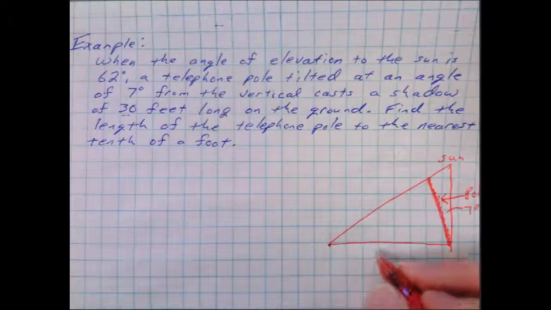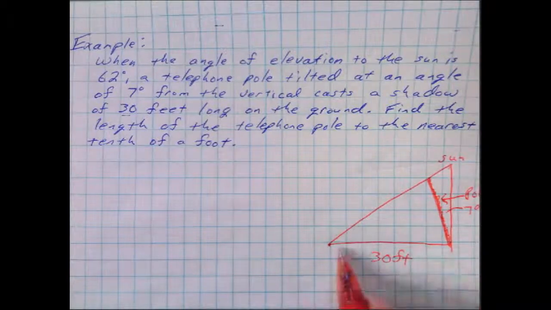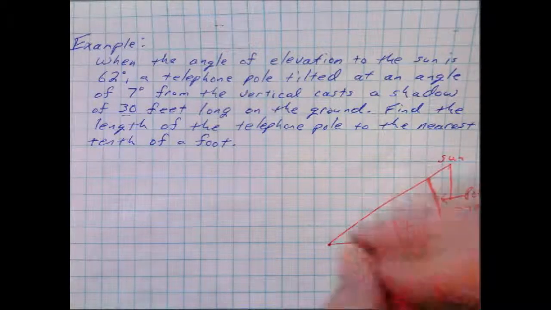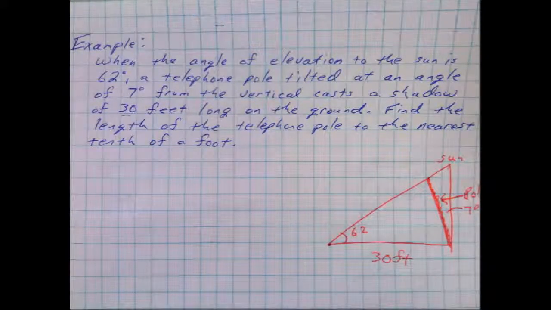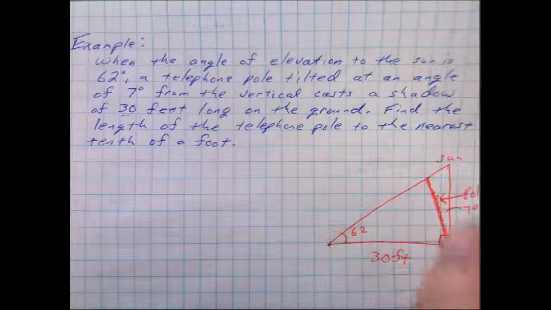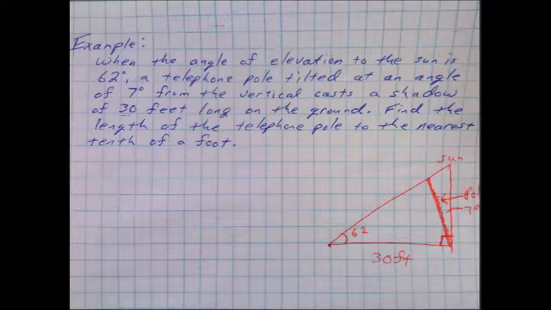It also told us we have a 30-foot shadow. So we're going to put that down here. This is our shadow coming out. And we also had 62 degrees here. We know that this is originally a right angle, so we can find some other angles there.